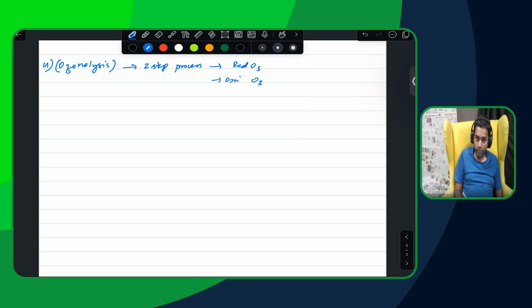When it comes to oxidative ozonolysis, this is the same as a powerful oxidizing agent. Whatever any powerful oxidizing agent does, your oxidative ozonolysis does the exact same thing.